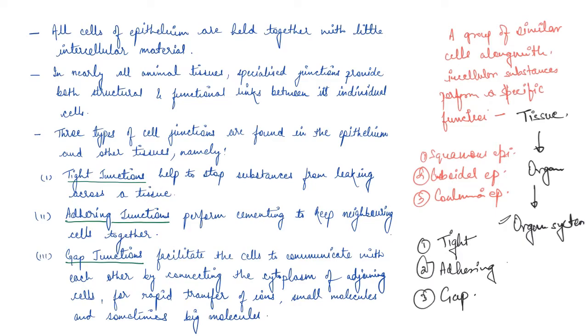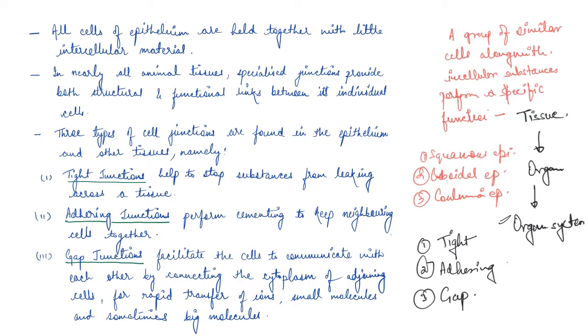The tight junction helps to stop substances from leaking across a tissue. So it makes the structure very tight and compact, as the name suggests. What are adhering junctions? The adhering junctions perform cementing to keep neighboring cells together.